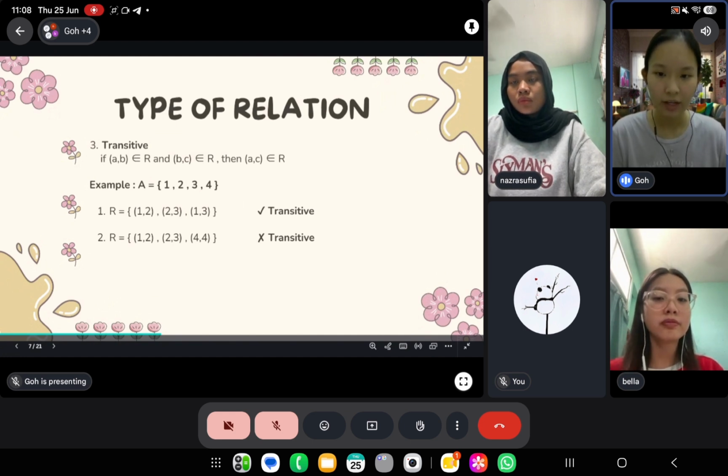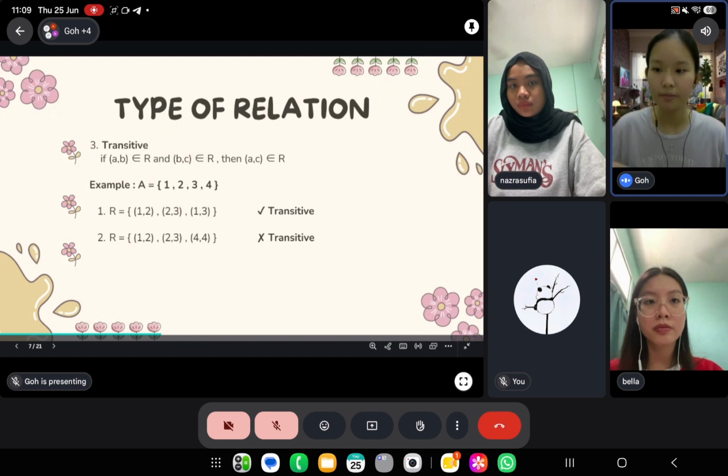It is transitive since a is 1, b is 2, and c is 3, and it has (a,b), (b,c), and (a,c), which is (1,2), (2,3), (1,3). So we know that the first question is transitive. And we look at the second one. R equals {(1,2), (2,3), (4,4)}. It is not transitive since it doesn't have the (a,b), (b,c), and (a,c) form.